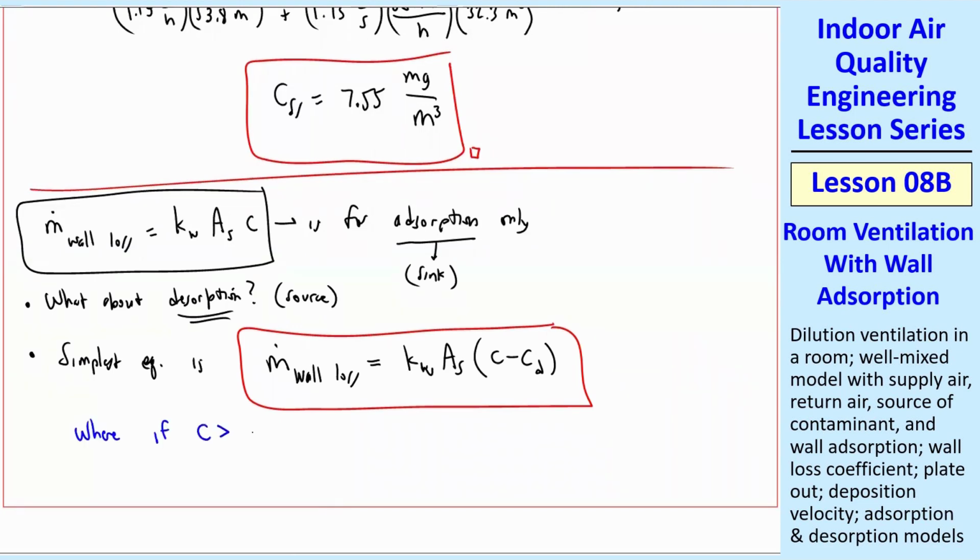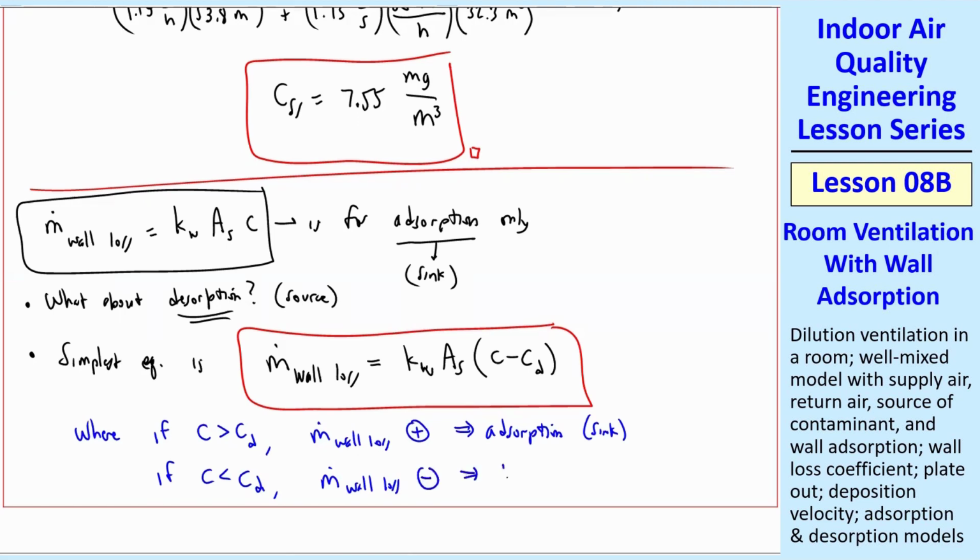If C is greater than CD, in other words, the concentration in the room is bigger than some CD constant, then m dot wall loss is positive, and this would be an adsorption, and this would be a sink in terms of the room. It's a loss or a sink. And if C is less than CD, so if you have fairly clean air, it'll reverse itself. So m dot wall loss by this equation becomes negative, and that's a desorption or a source.